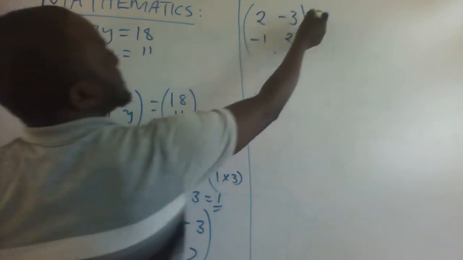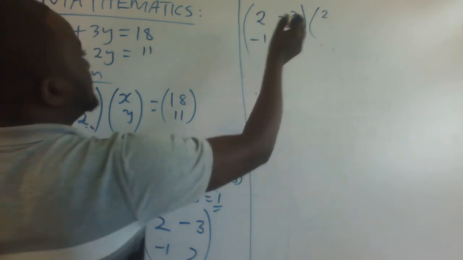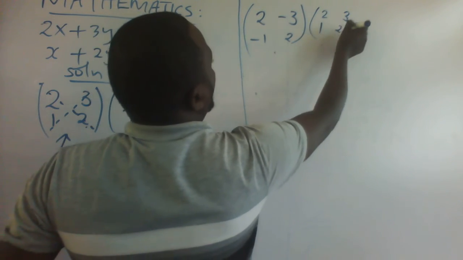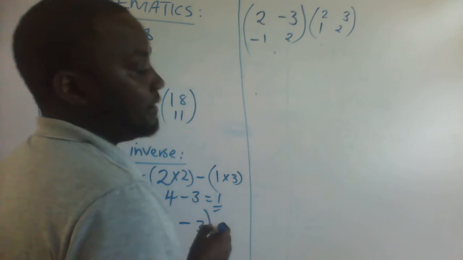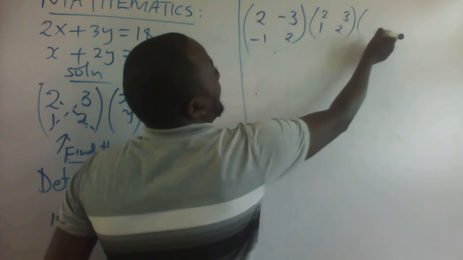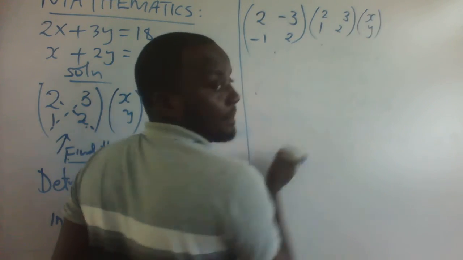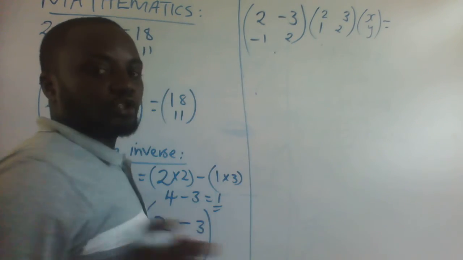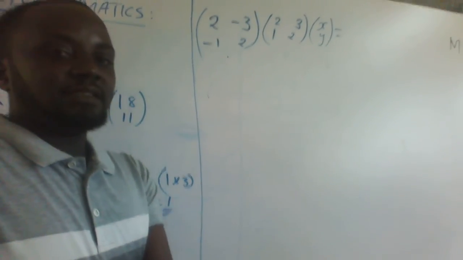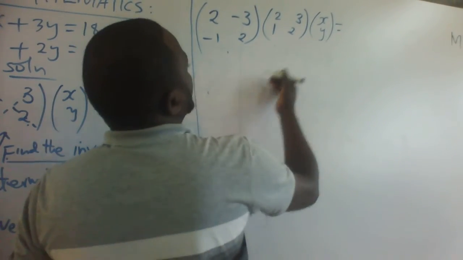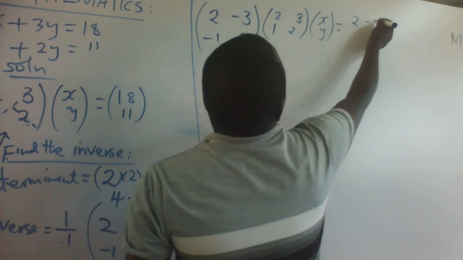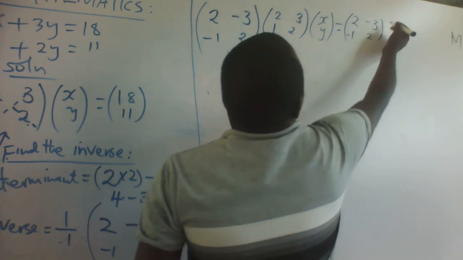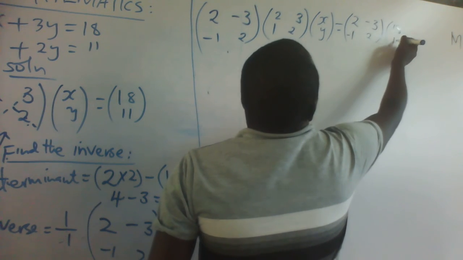Then times 2, 3, 1, 2, times x, y, equals the inverse, which is 2, minus 3, minus 1, 2, times 18, 11.